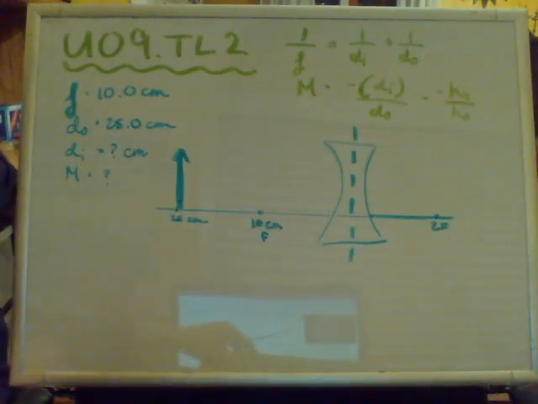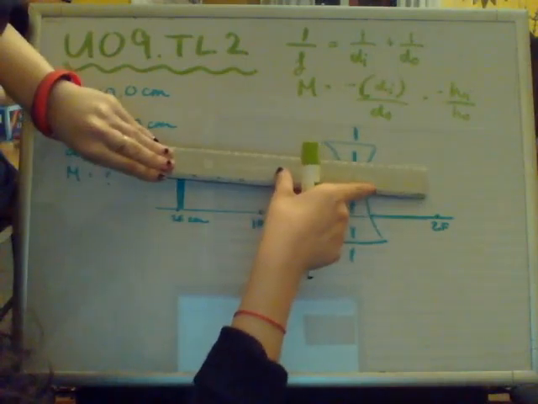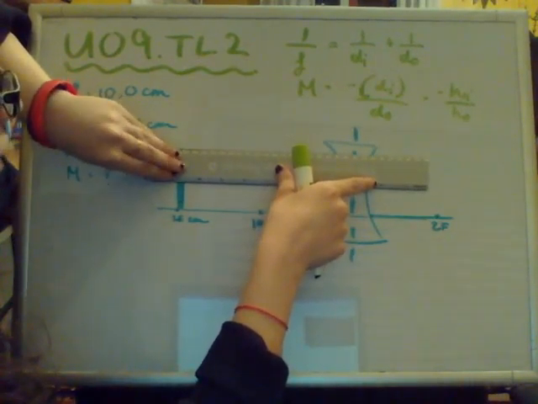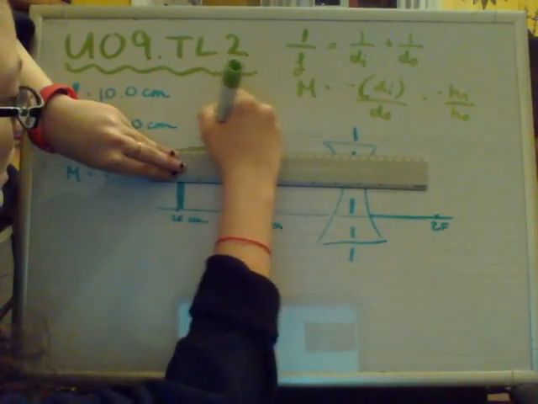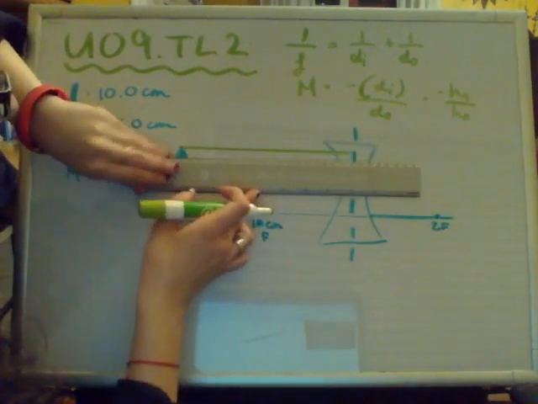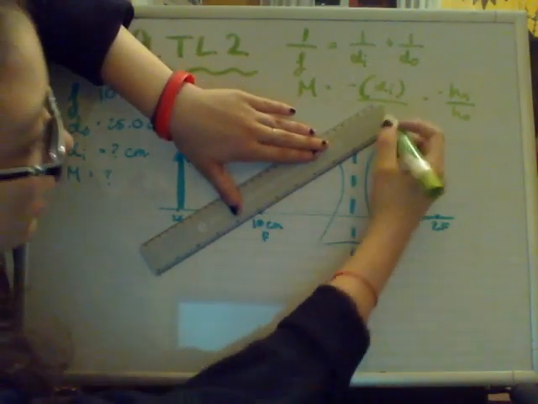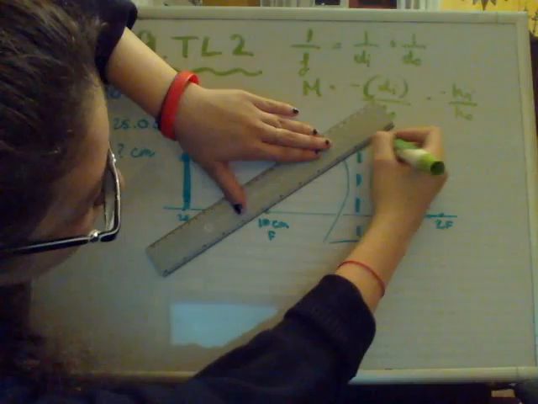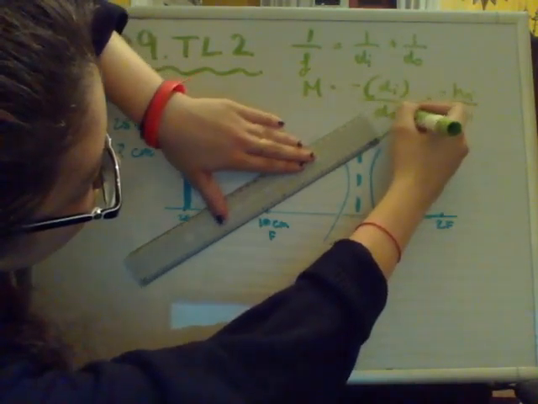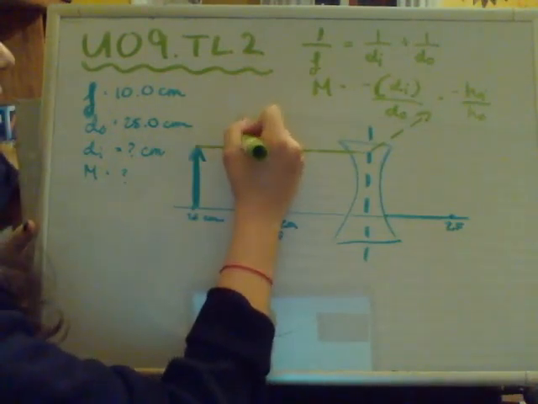So now we're going to draw the parallel ray, and the parallel ray is basically a straight line to the middle of the lens, and then it's going to go like this. So that's our parallel ray.